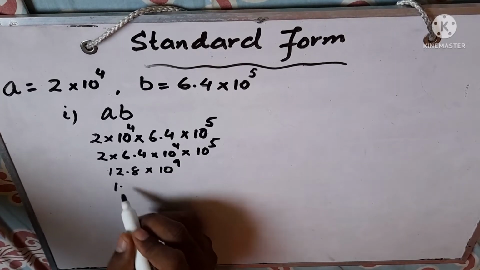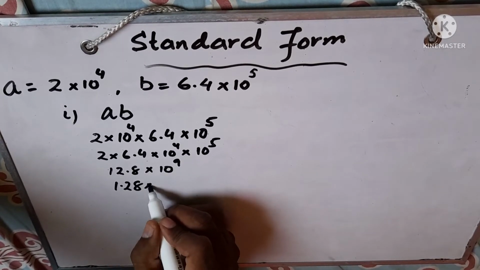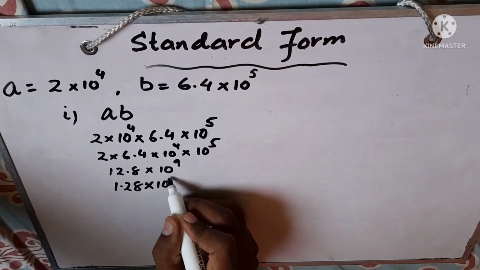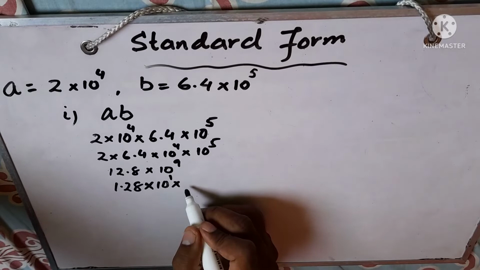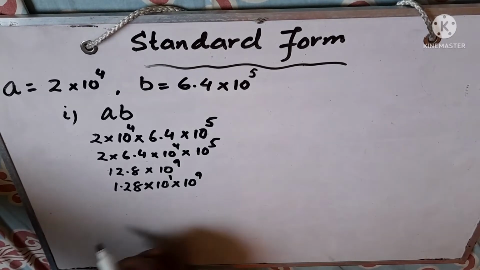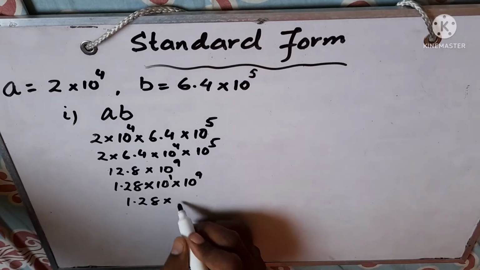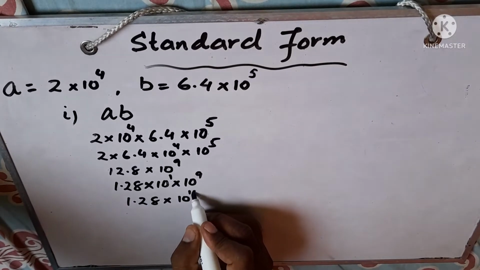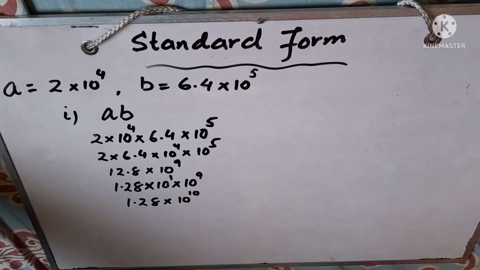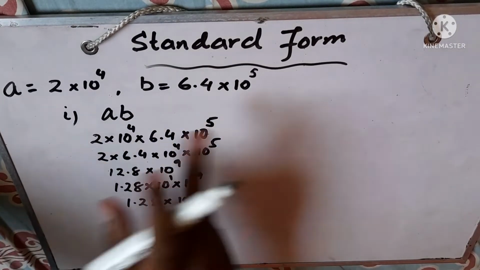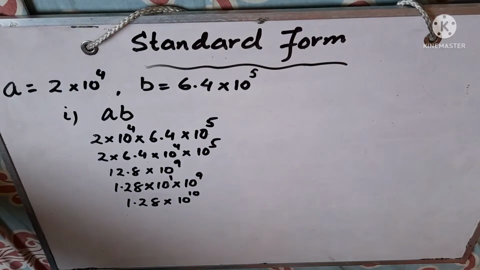So this will become 1.28, and because the number was greater than 1, the power will be 1, and then 10 to the power 9 I will copy as it is. So my final answer will be 1.28 times 10 to the power 10, and this is how I can multiply the two numbers given in standard form, and this is my final answer.